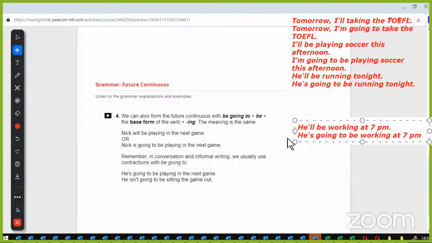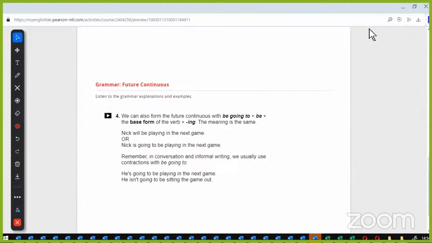So let's write here, or anywhere here on the screen. Okay, can you do that? From your computer, right? Three with will and three with be going to, that are completely different, not the same one with the 2 forms.